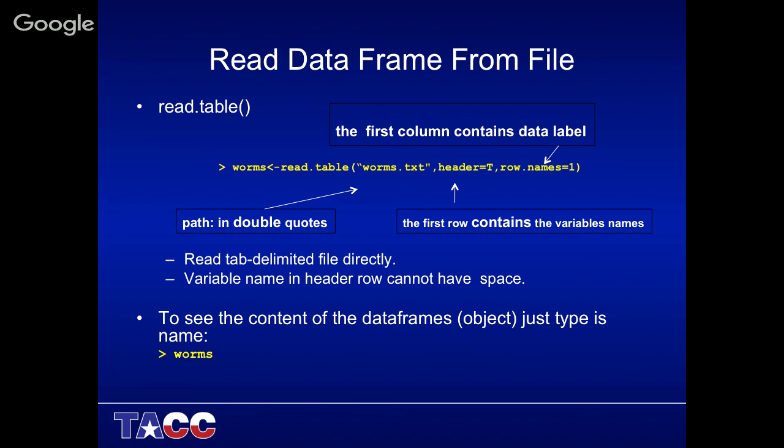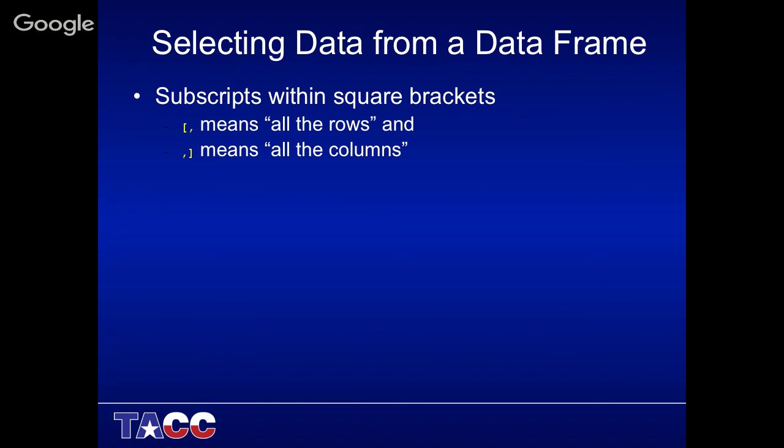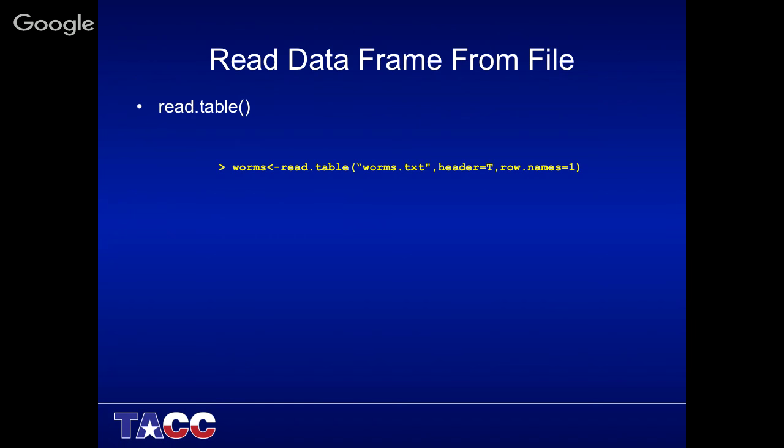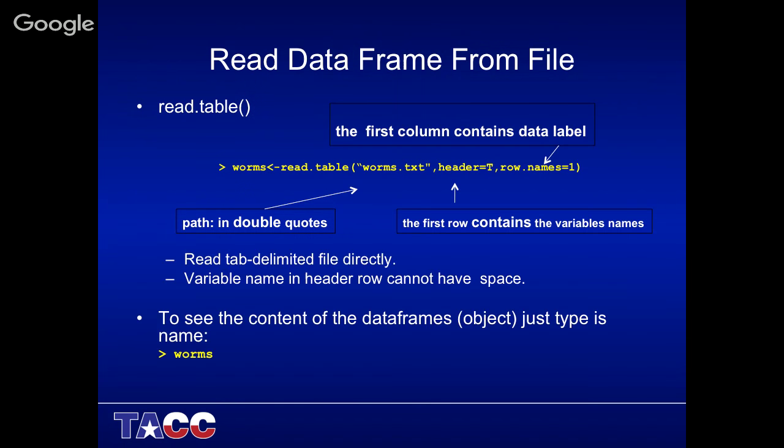To see what's in a data structure, you just type out the variable name as before. So a data frame basically looks like this again. There are a couple of shortcuts once you have it in this format.